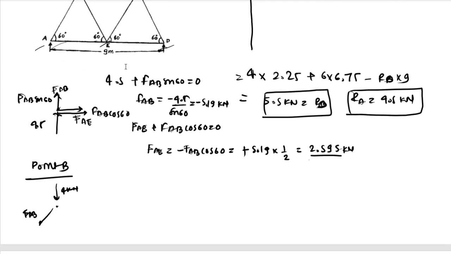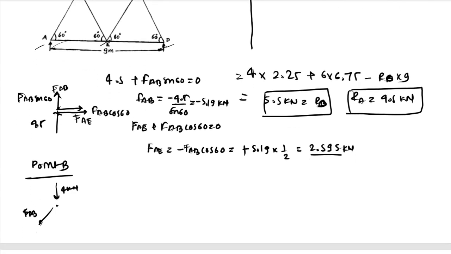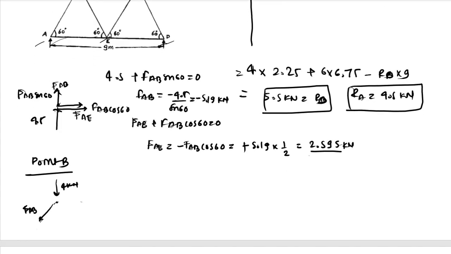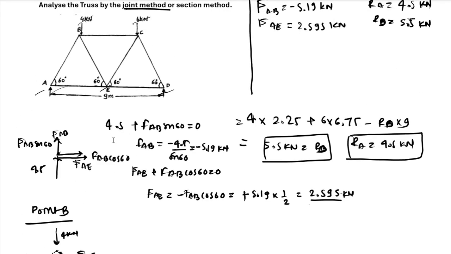Again, we will assume it to be tensile and just put it negative, as we know that FAB is minus 5.19. So still we will assume it to be tensile at point B and then we'll put it negative when we get our equation. We have FBE and we have BC.